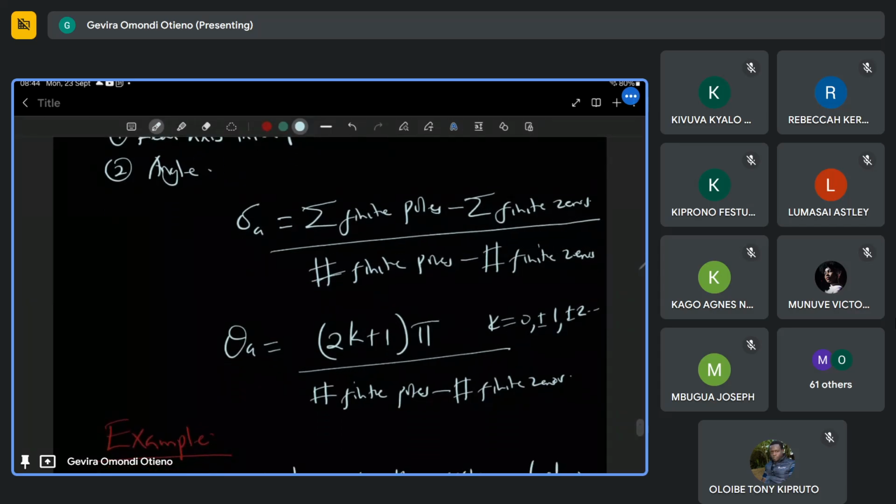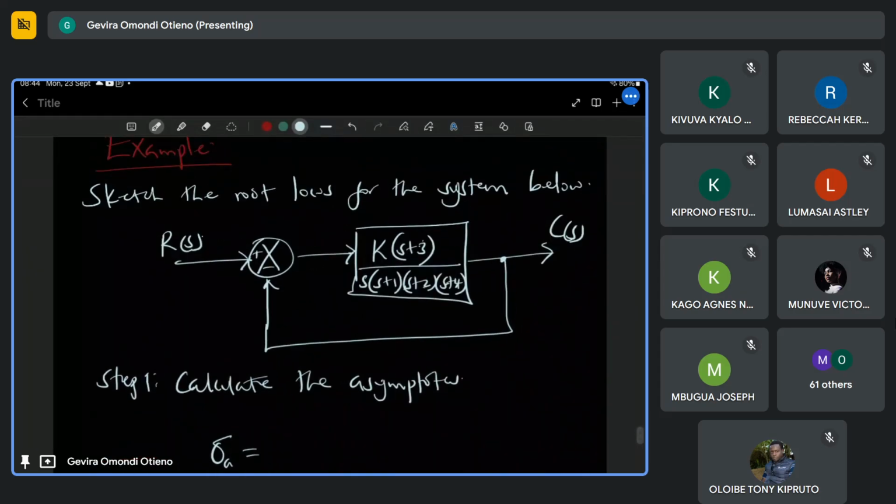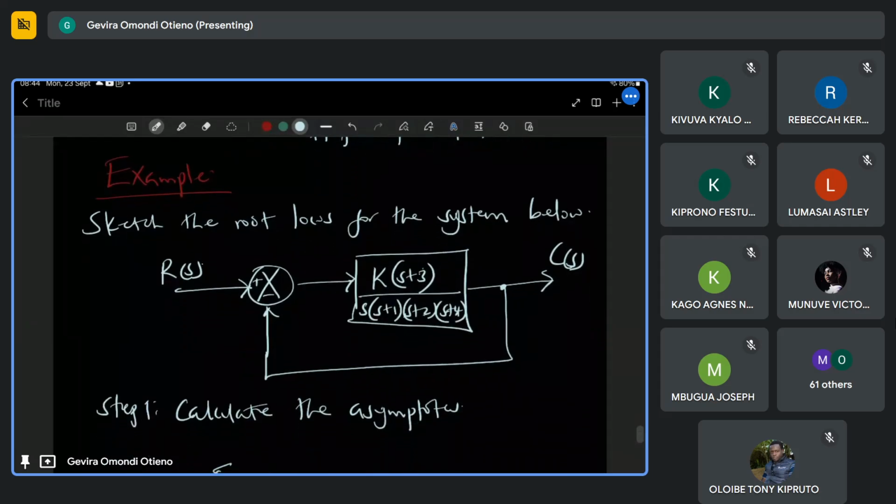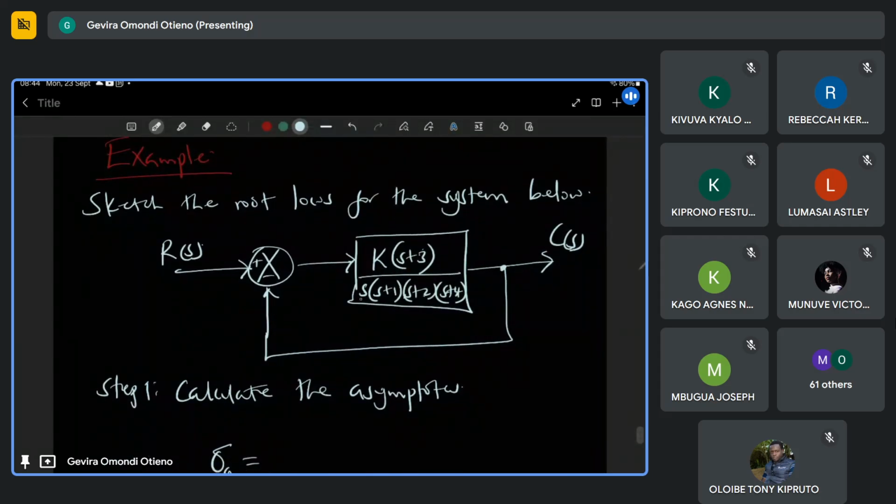I won't write it. You get the sum of the finite poles and you subtract the sum of the finite zeros. So here, the finite poles, the summation is the one at 0. We have 1 at -1, we have 1 at -2, and we have 1 at -4. Those are poles.